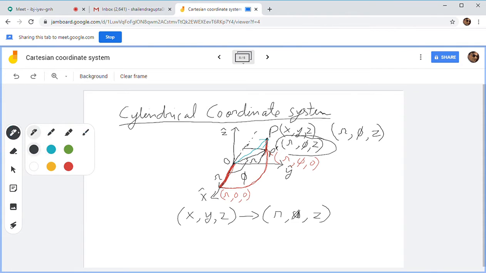So this R, mod R, is equal to x square plus y square under root.